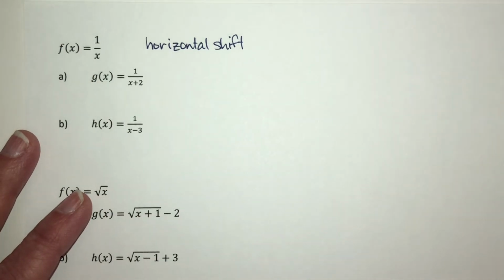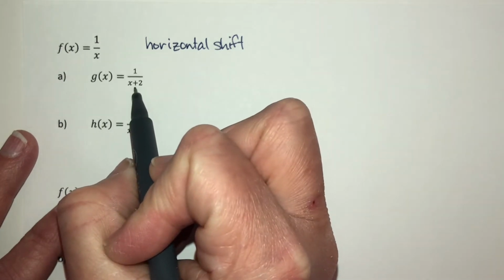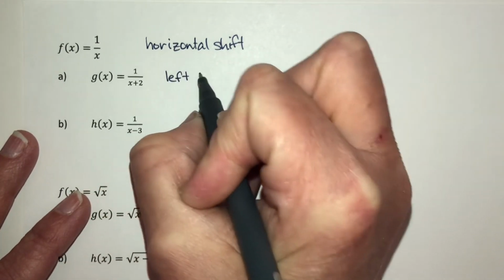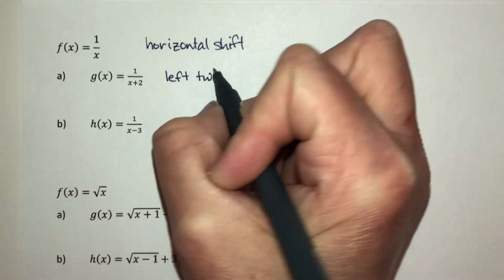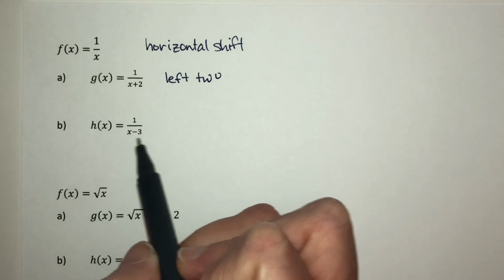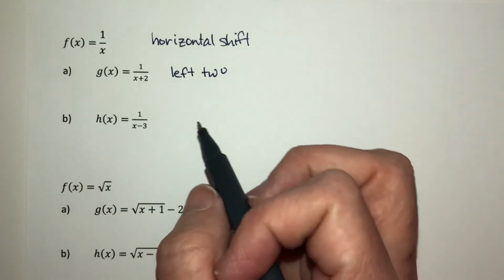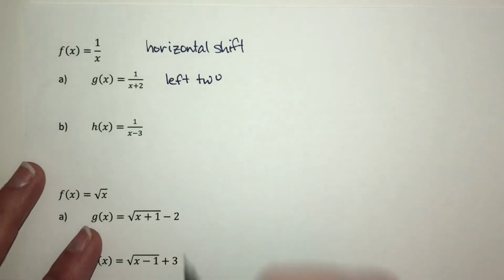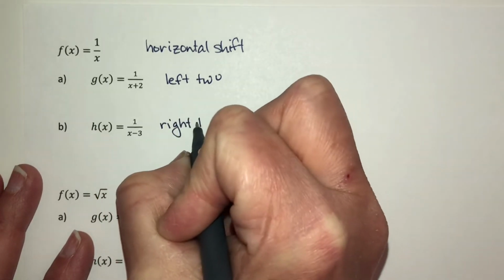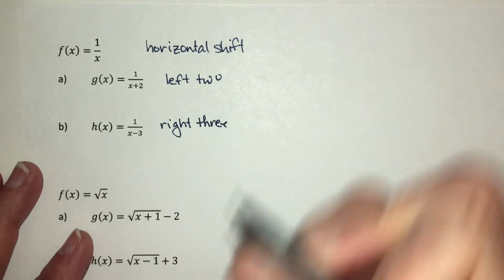Horizontal shifts seem backwards. So since this is a +2, we're going to move left 2. Since this is -3, and it seems backwards, horizontal does, so we're going to go right 3.